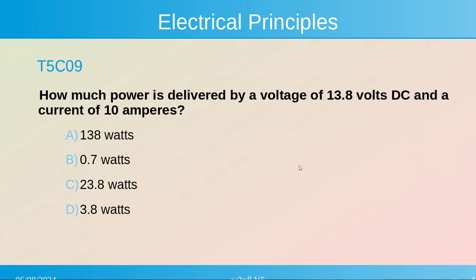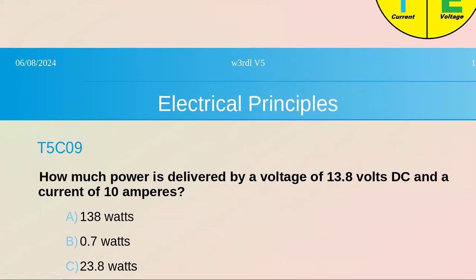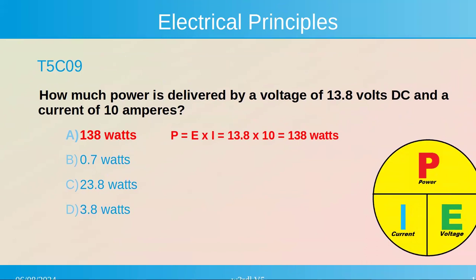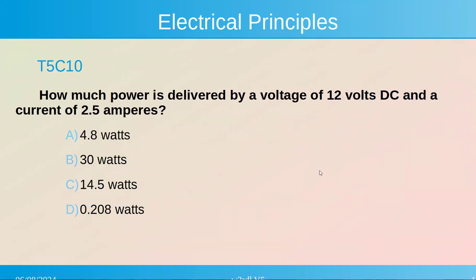How much power is delivered by a voltage of 13.8 volts DC and a current of 10 amps? I think you've seen this one. 138 watts. Yep. How much power is delivered by 12 volts and a current of 2.5 amps?